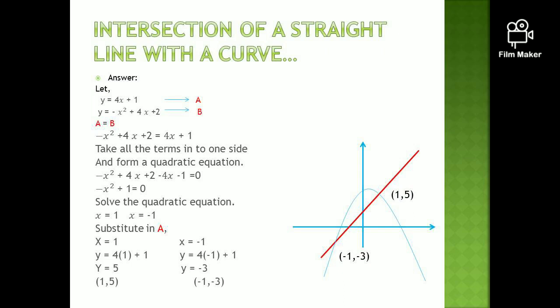With that, you will obtain minus x squared plus 4x plus 2 minus 4x minus 1 equals 0. With that, you can obtain minus x squared plus 1 equals 0. If you solve this quadratic equation, you will obtain x equals 1 and x equals minus 1. You can use a calculator as well to obtain the same answer.